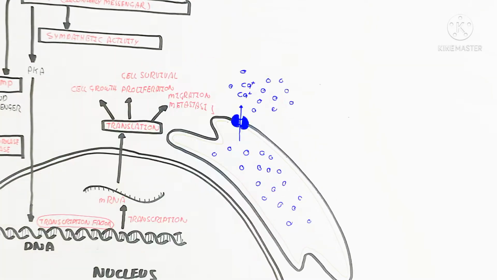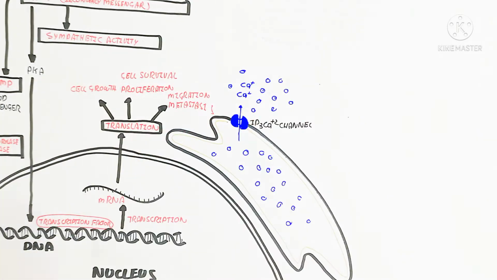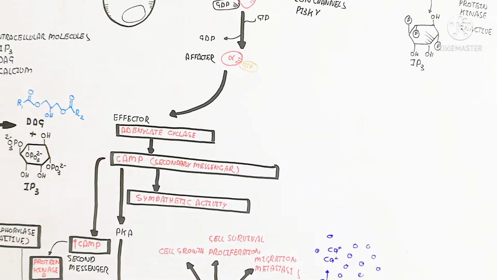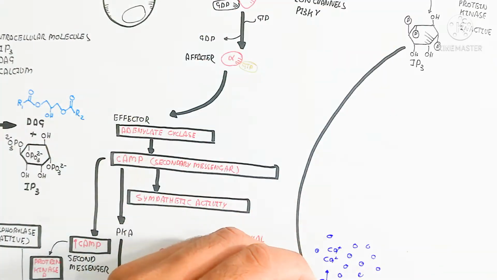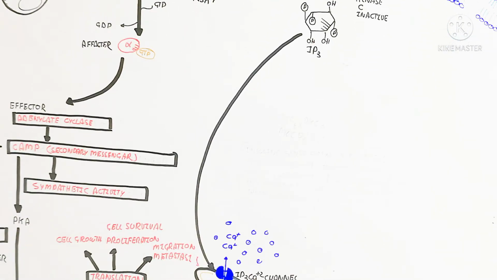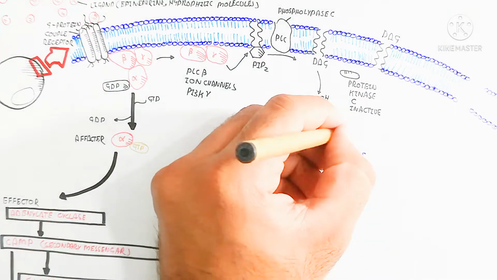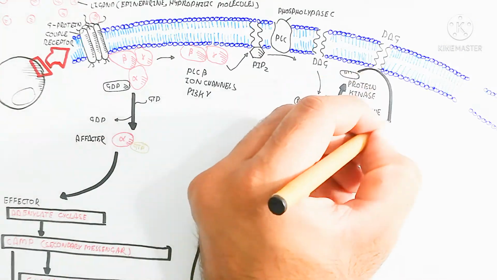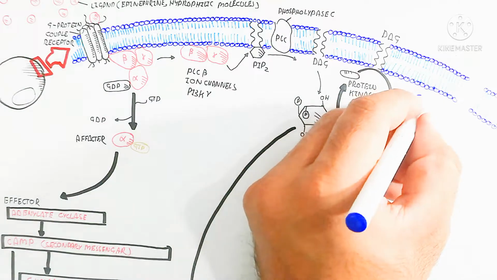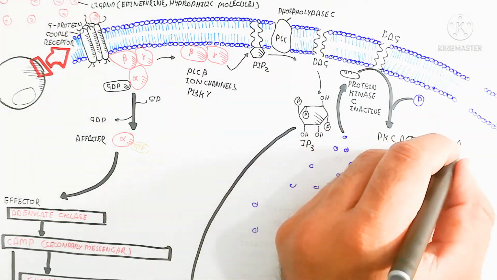The stimulation by IP3 triggers the efflux of calcium, increasing the cytoplasmic calcium level, and the cytoplasmic calcium level will trigger inactive protein kinase C to become activated by diacylglycerol.